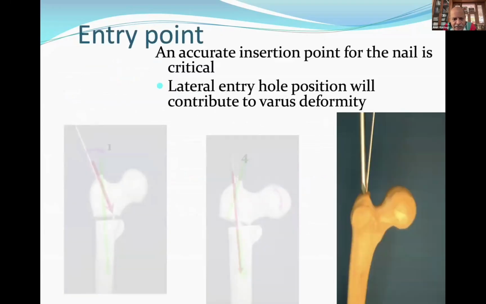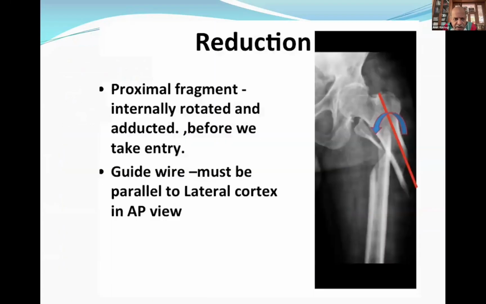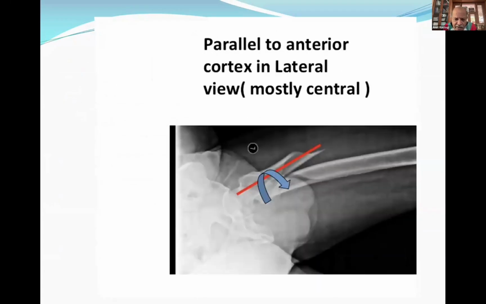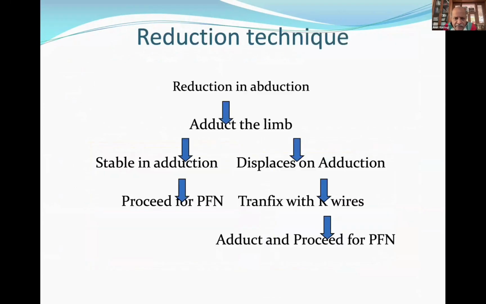Lateral entry points usually end up creating varus, or fixing the fragment in varus without correcting the varus. So if your proximal fragment is internally rotated and adducted, before we take entry, the guide wire must become parallel to the lateral cortex in the AP view and the anterior cortex in the lateral view. So start only when the fracture is anatomically reduced. If you've got a reduction, then only start. Don't make an entry point and then expect the nail to reduce the fracture.